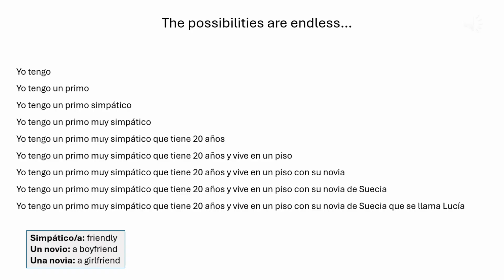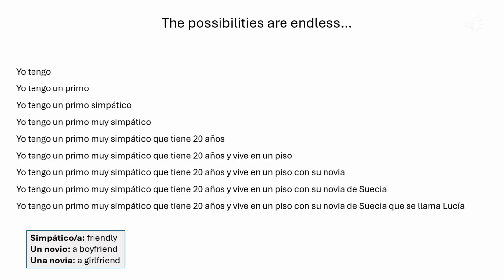Yo tengo un primo muy simpático que tiene 20 años y vive en un piso con su novia, with his girlfriend. Yo tengo un primo muy simpático que tiene 20 años y vive en un piso con su novia de Suecia. So with his girlfriend from Sweden.